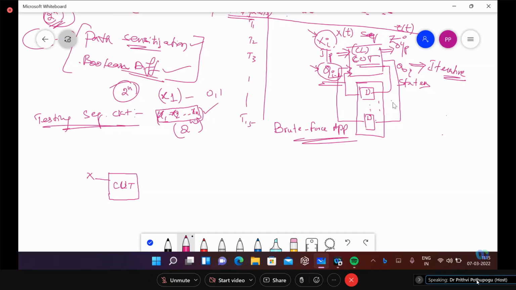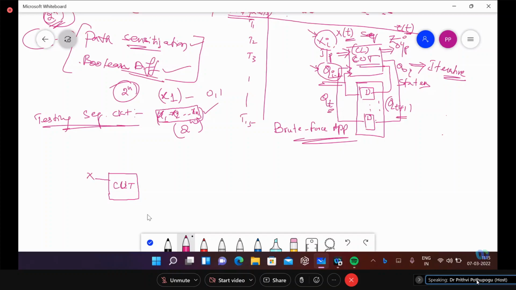This gives me Q of t. If I take Q of t plus 1 as the present response, this is in time scale. A sequential circuit is in time scale.